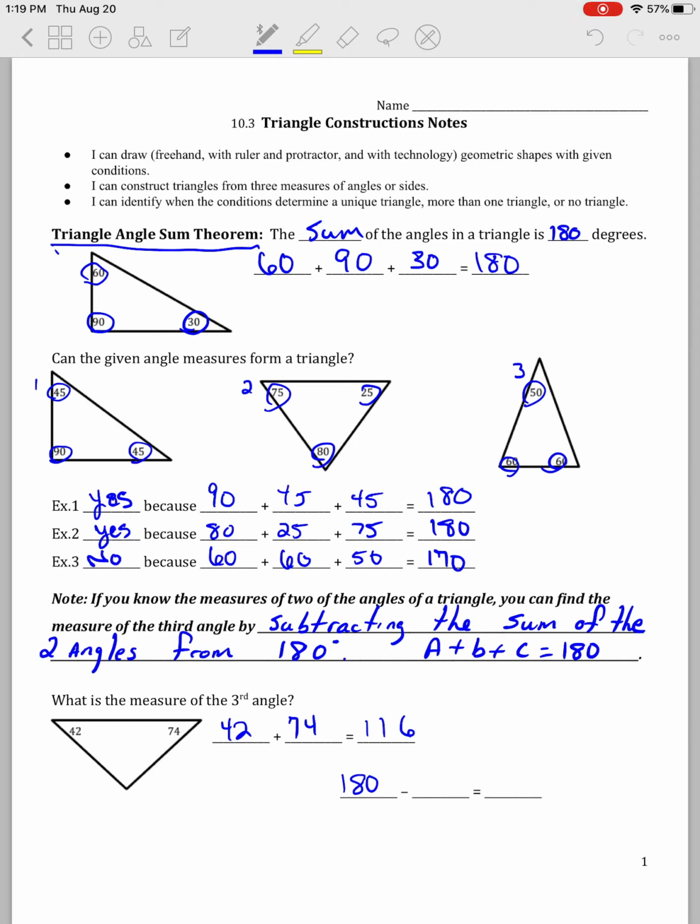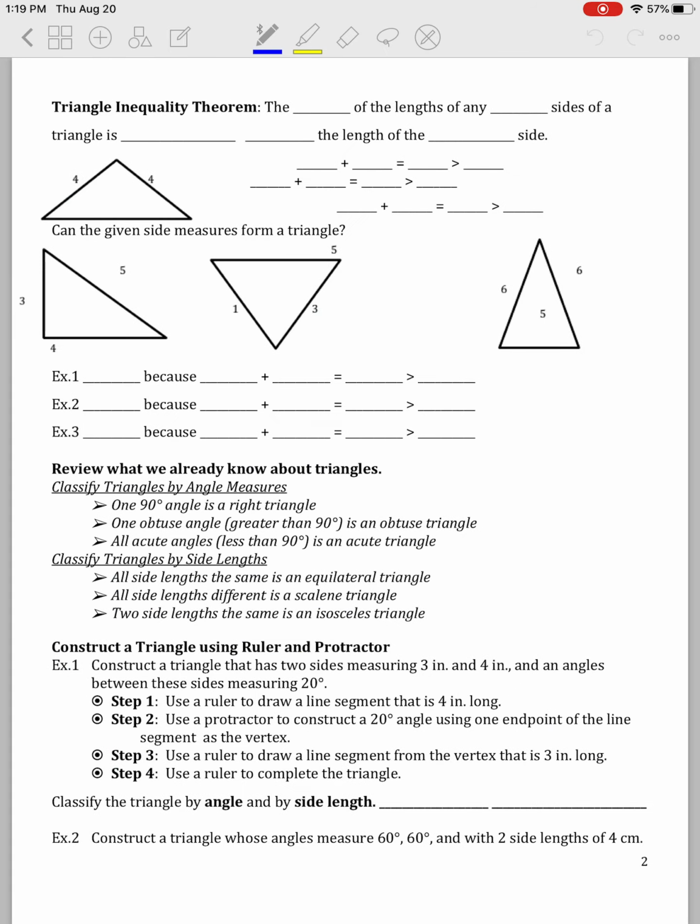Now if I take 180 minus 116, what do you get? You should get 64 degrees. That means this angle right here is 64 degrees. See? Pretty simple, right? Okay.